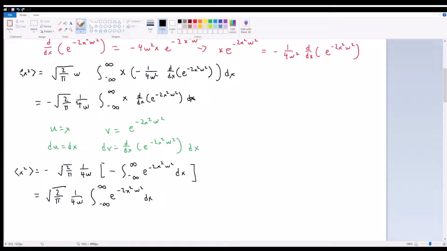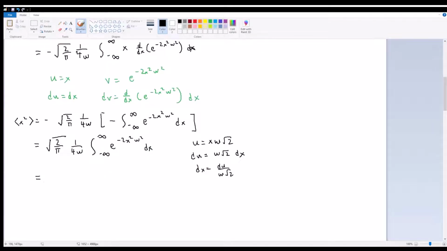We use u sub. u is going to equal x omega root 2, so du is going to equal omega root 2 dx, which means that dx equals du over omega root 2. So then this is going to equal square root of 2 over pi times 1 over 4 omega, integral from negative infinity to positive infinity of e to the negative u squared.